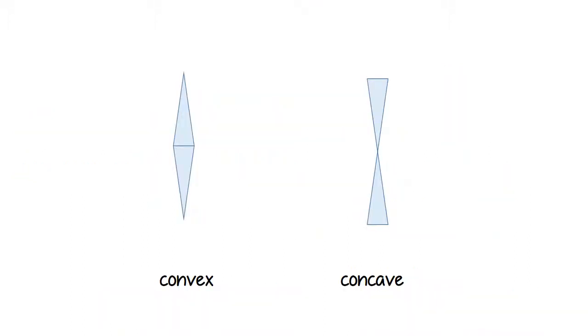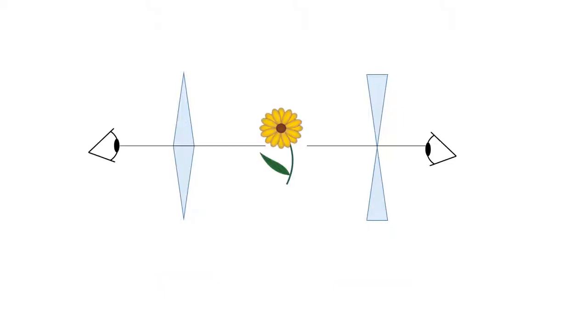Okay, spherical lenses can be thought of as 2 prisms put together. For a convex lens, it's 2 prisms base to base, and for a concave lens, it would be 2 prisms apex to apex. Okay, now we have a patient on the far left of the screen and one on the far right of the screen.